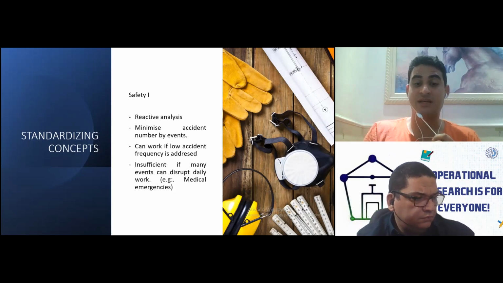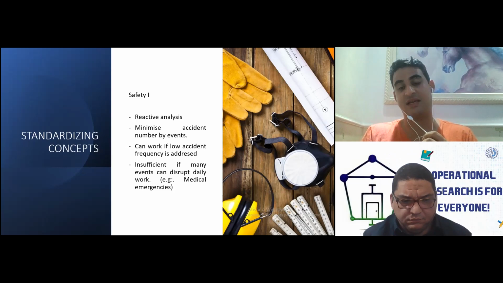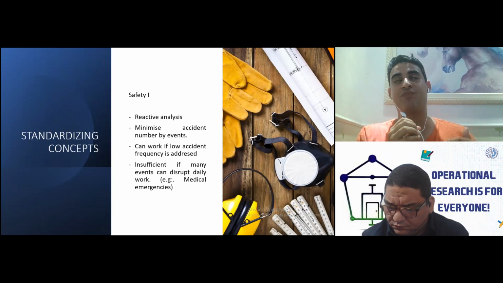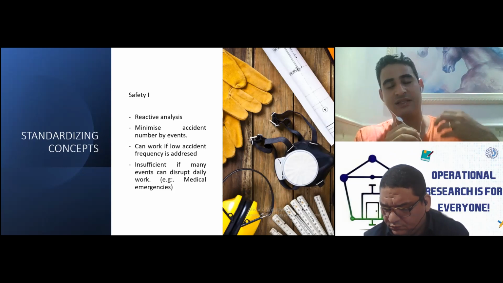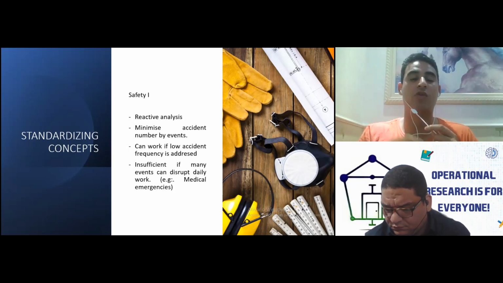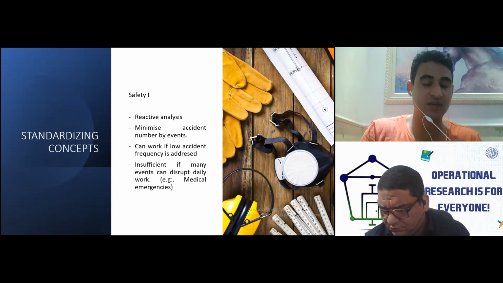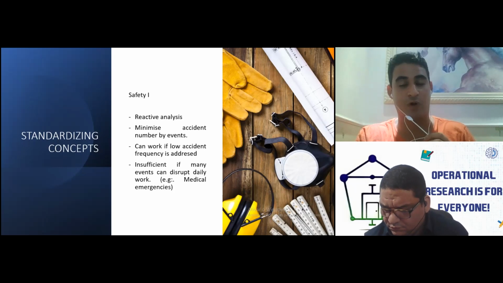Safety 1 may be insufficient if many events can disrupt daily work, for example in medical emergencies, or in tasks that have lots of repetitions, where the risks can occur many times during the day. So Safety 1 can't work, or it's not sufficient to prevent accidents. It's reactive thinking, right?